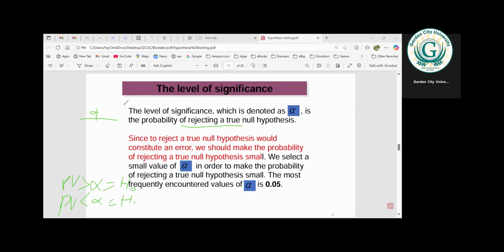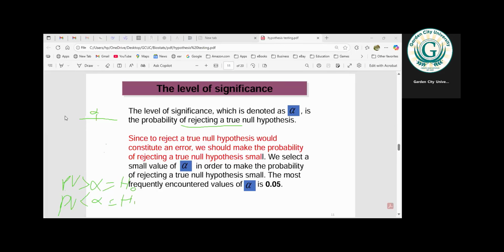Hello, sir. Please, based on your explanation, I understand, but when I read the sentence there, I don't get it. Which sentence are you reading? The level of significance under... I can't relate it to your explanation.